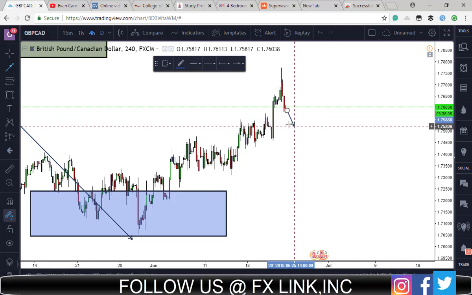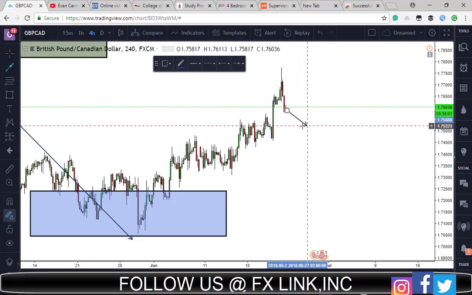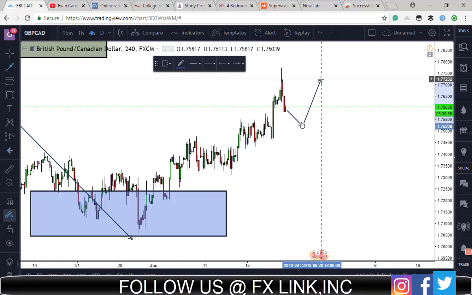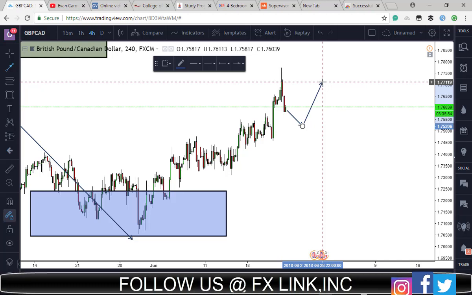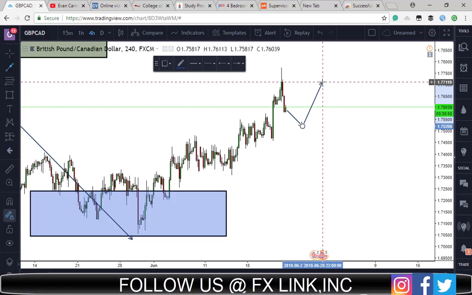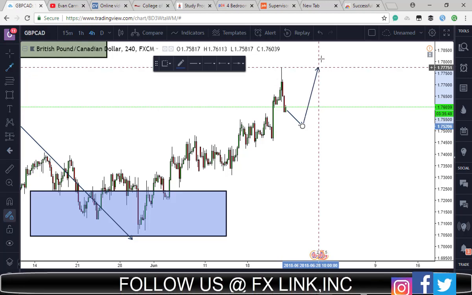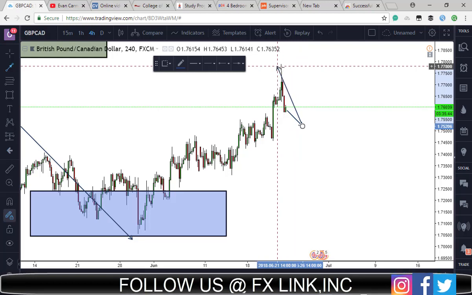Now wait for price to give us a push back to this level of structure, give us some sort of reaction, and then give us a retracement to this area, similar to what we were looking at on the USD CAD. Price action should not give us a higher high, higher close above this week.